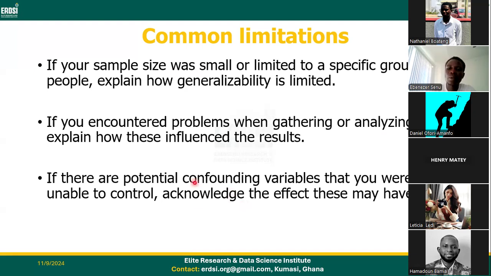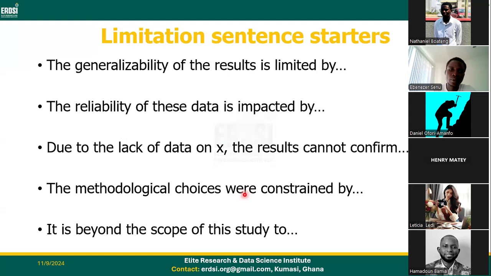So any confounder, because of, for example, funding, you're supposed to measure this parameter, you're supposed to measure this parameter to see how they co-affect. But you're unable to do that, you have to state them as a limitation after the discussion. So you could see that the generality of the result is limited, the reliability of the data is impacted due to lack of data on this.